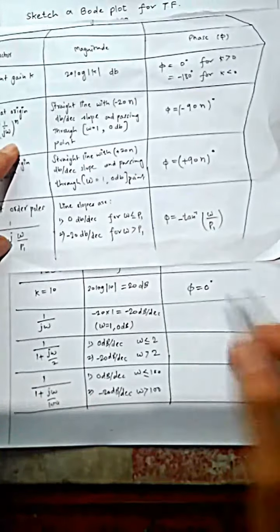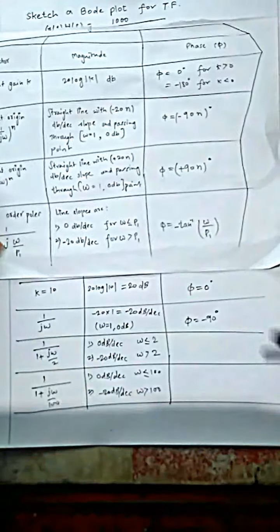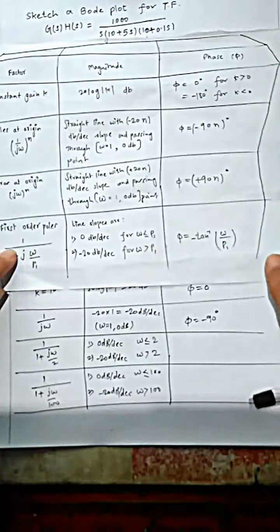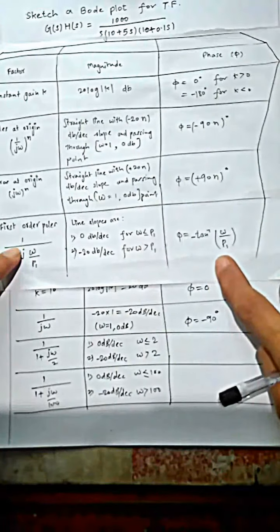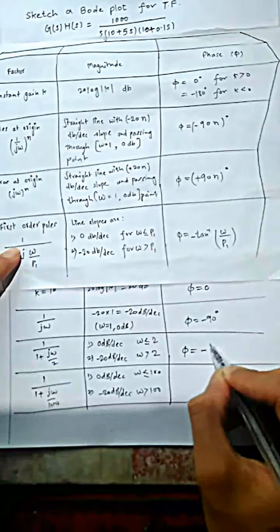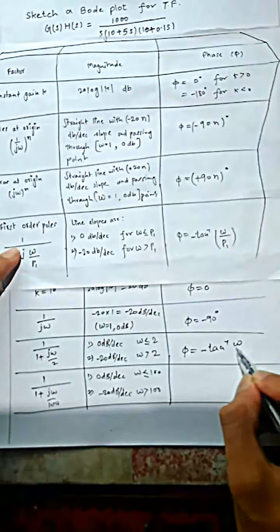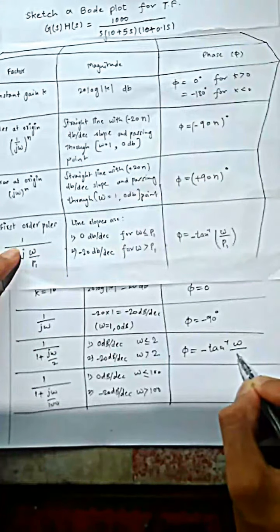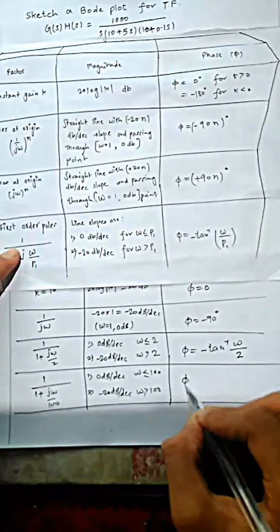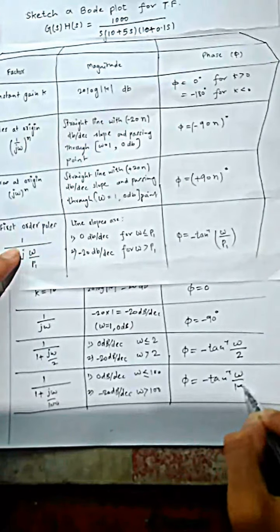Our n is 1, so phase angle is simply minus 90 degree in our case. Then for this type, phase angle is minus tan inverse omega by P1. Omega is not known now. P1 is known. It is 2. Minus tan inverse omega by 100.